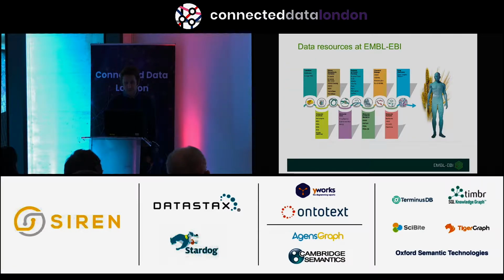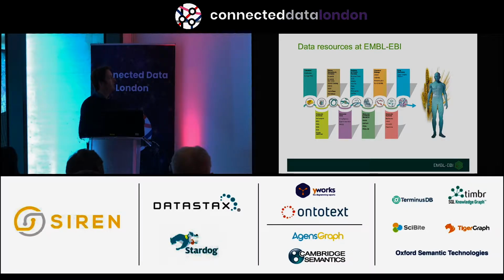So we have a lot of databases, and this gives you an overview that we have databases dealing with the literature, and then everything down from the archival resources that archive sequence data, and then we build up in layers of abstraction over this.